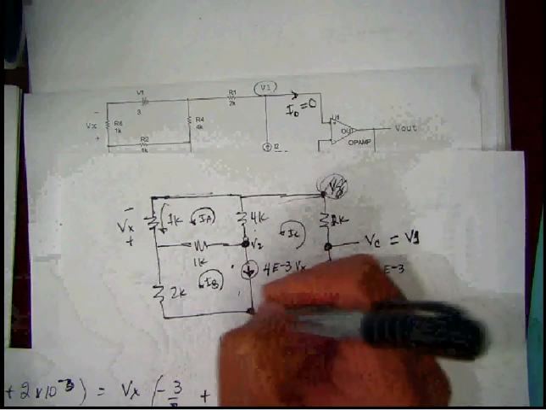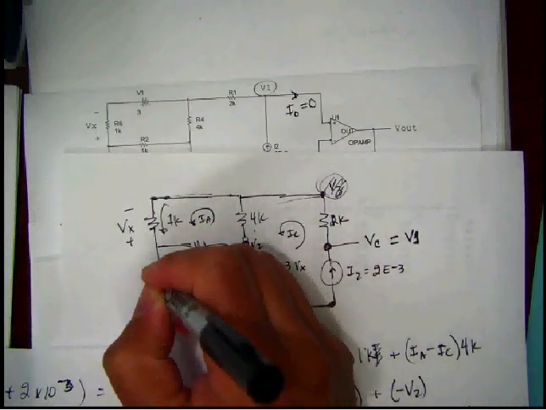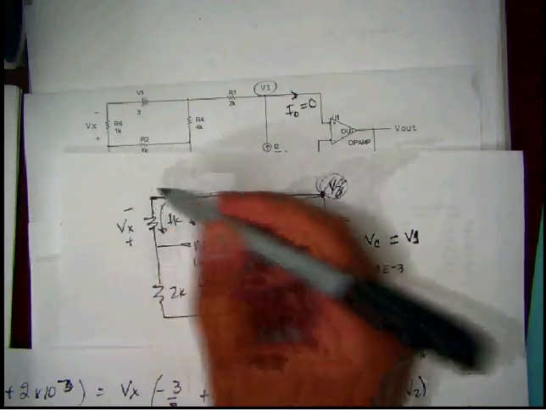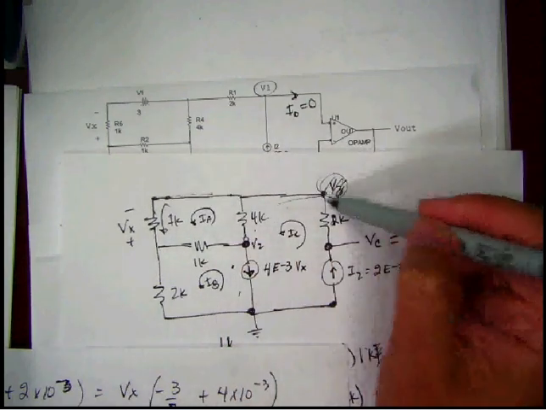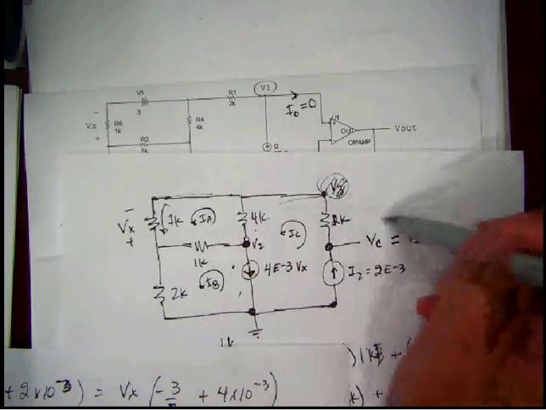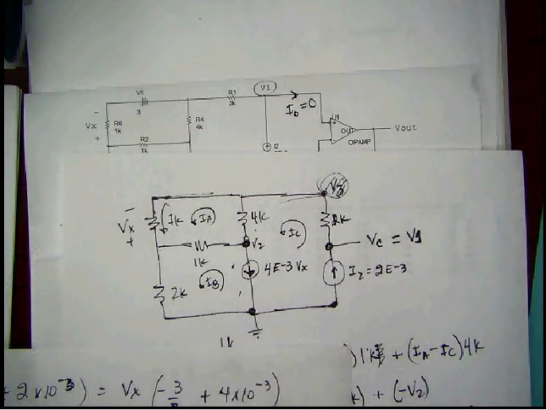So if we can figure out the drop here, and then we can add 5.39 volts, and then subtract whatever this voltage drop is here, we'll know what this voltage is here. So let's do that.